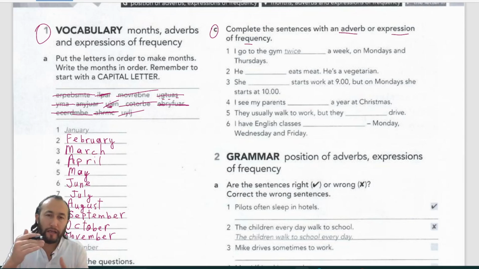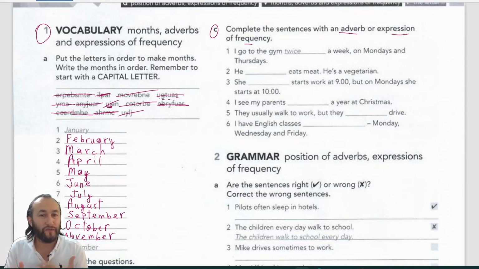Or, I mean, in higher levels, you can also use it at the beginning of the sentence. Like, I go to the gym once a week. Or I can also say, once a week, comma, I go to the gym. That's also fine. But the usual place of an expression of frequency is at the end of a sentence, guys.